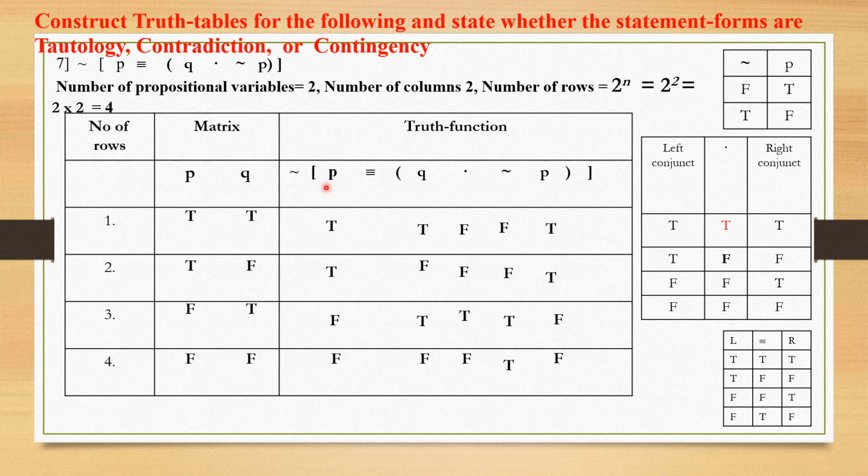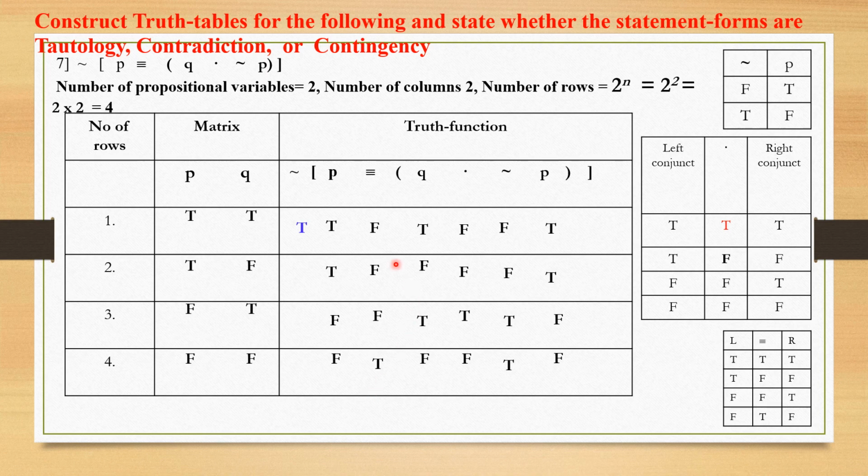So with P's value and the conjunction's value, this side true and this side false, unequal values, so false. This side false and this side true, unequal values, so false. Both are false, so true. Now highlight the main connective.